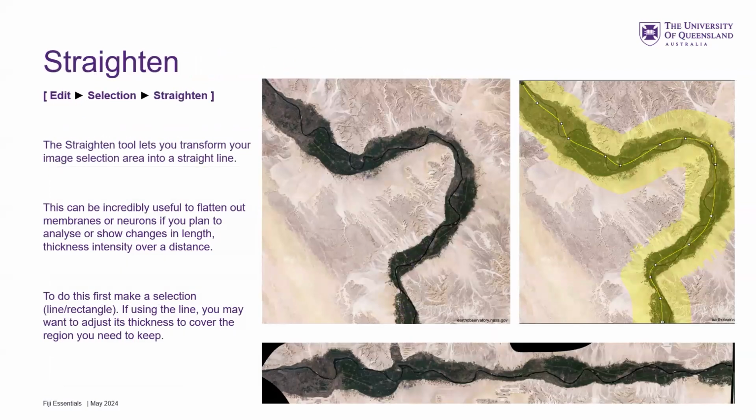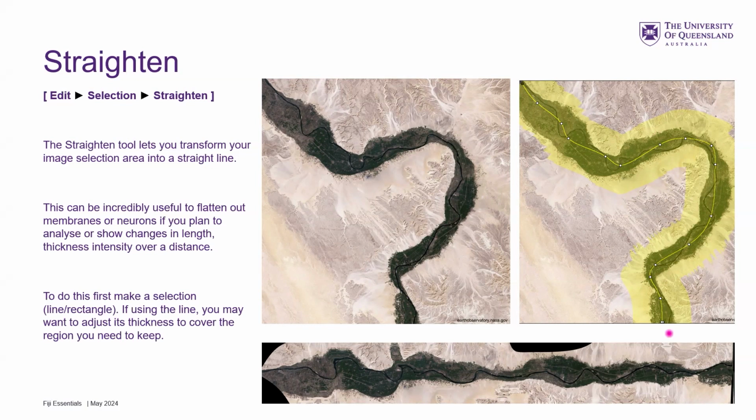Another feature that isn't used as much, but I think is really useful, is Straighten. In my haste I didn't have a picture of a membrane, but you can imagine the river here is a membrane, and you can draw a segmented line along it. This could be a neuron or an axon, or a cell membrane. Use your imagination.